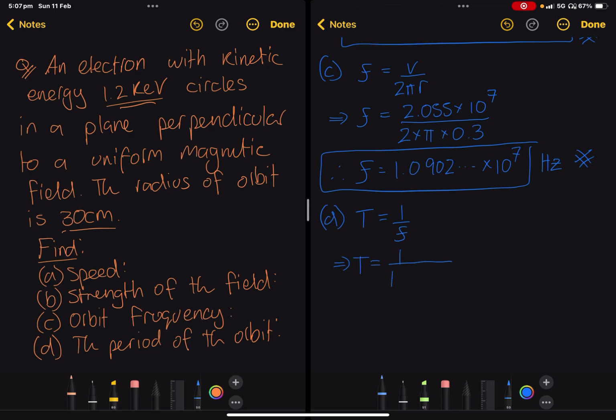So this is 1 over 1.0902 times 10 to the power of 7. This is about 9.17 times 10 to the minus 8, and this is going to be in seconds. So this is how long it takes to do one rotation. So this is the answer to part D.